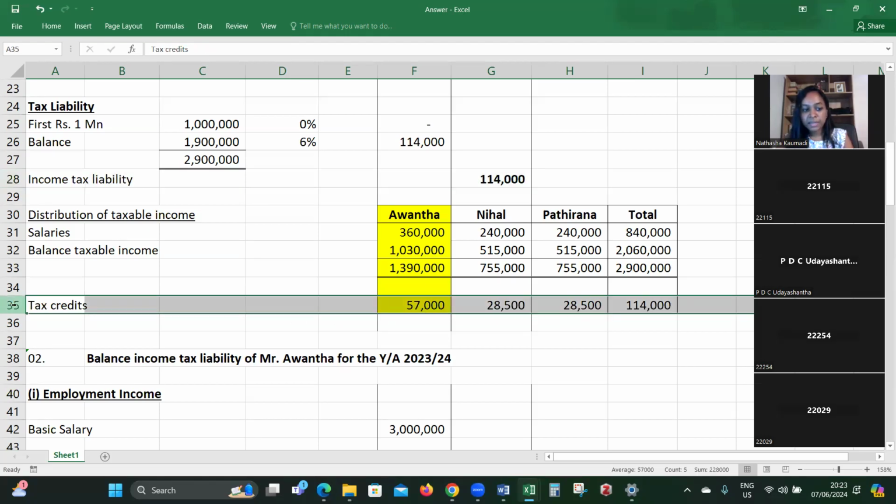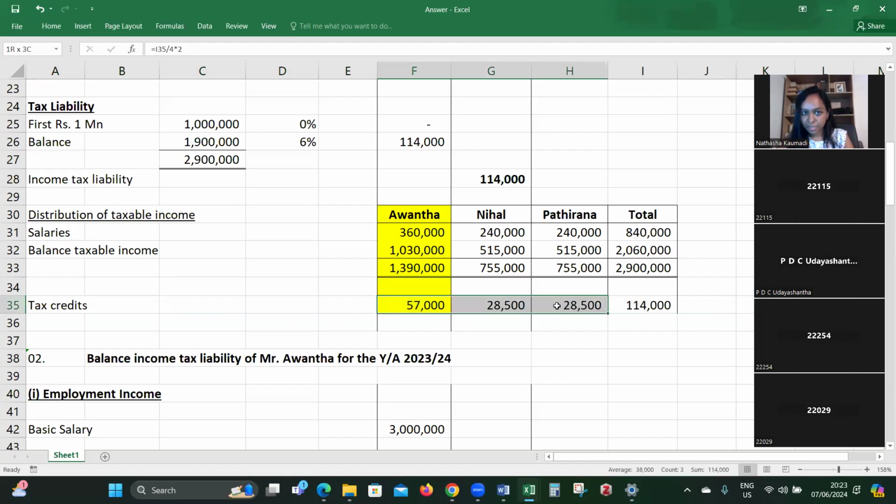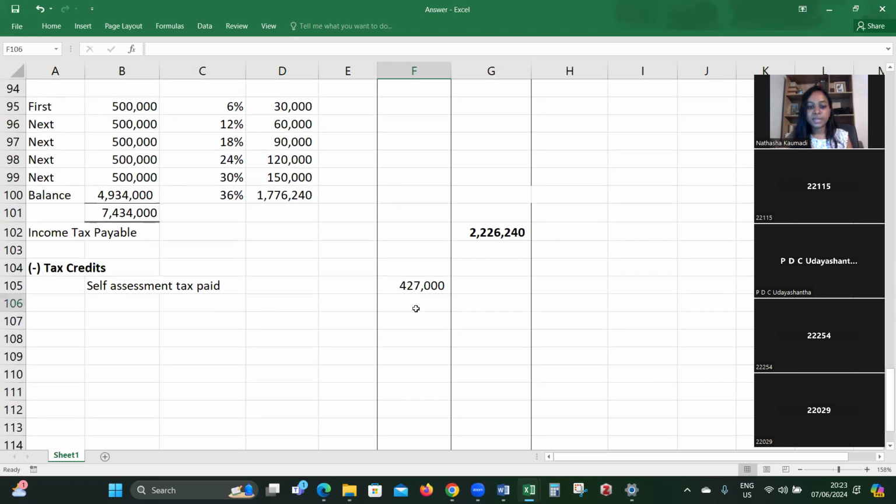We have divided those 114,000 among the partners. So Mr. Avanta's portion is 57,000. You can claim this 57,000 under tax credits. This is partnership tax paid. That is the second one.